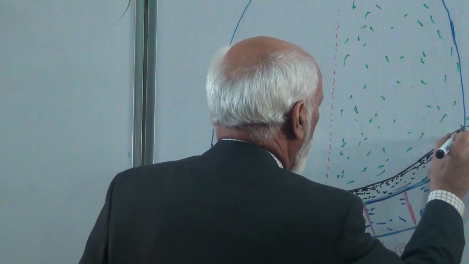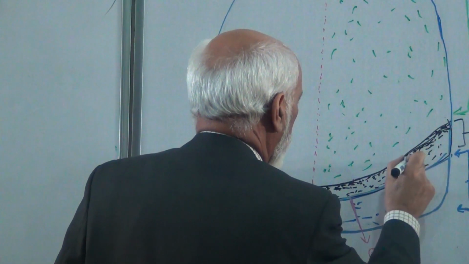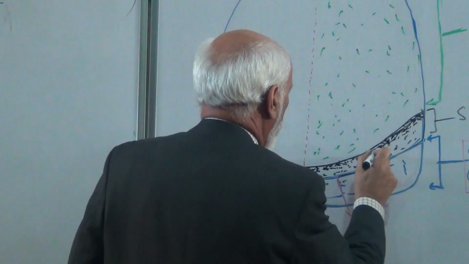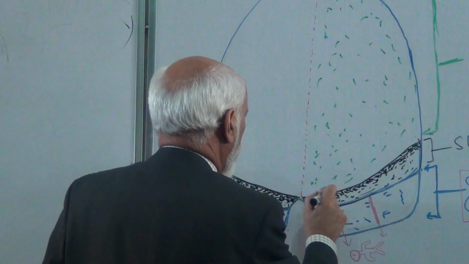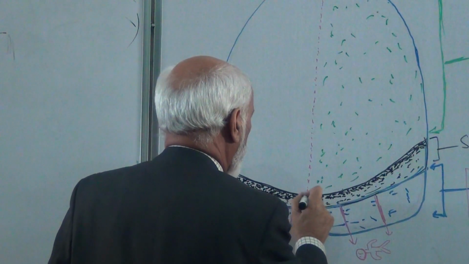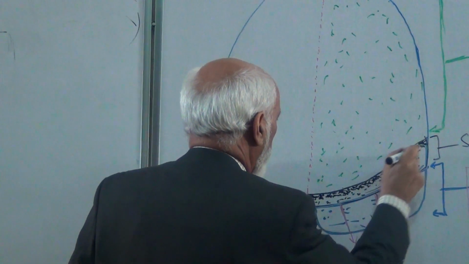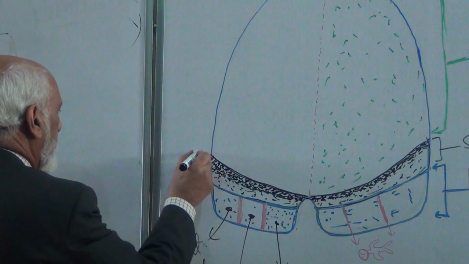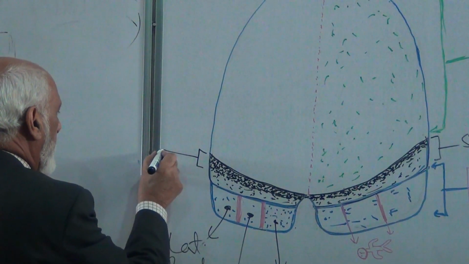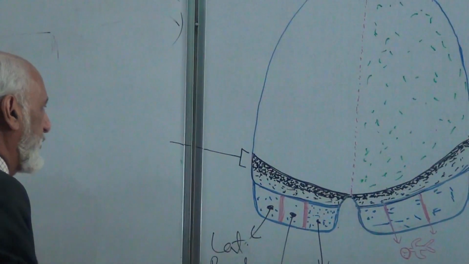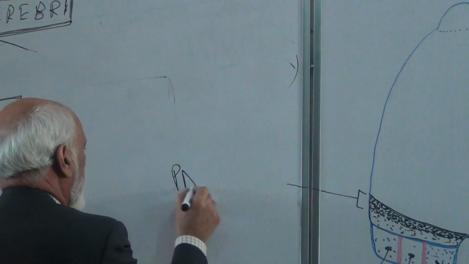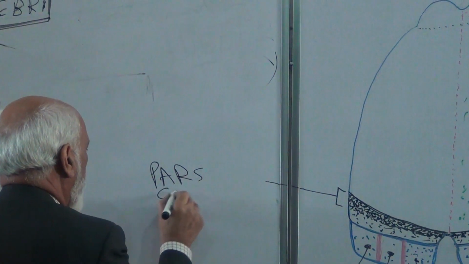The neurons are closely packed in the dorsal part of the substantia nigra and filled with melanin, neuromelanin, and iron. So this more compact part of the substantia nigra is known as pars compacta.